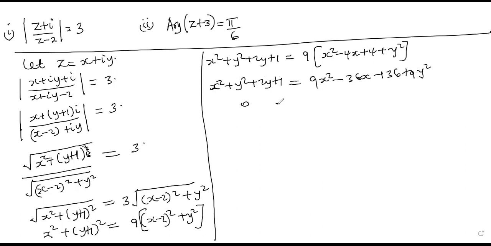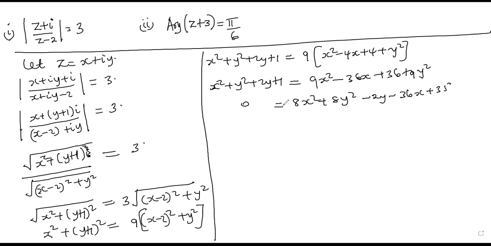So 0 will be 8x squared plus 8y squared, then minus 2y, then minus 36x, then one will come this way, so we shall have plus 35.